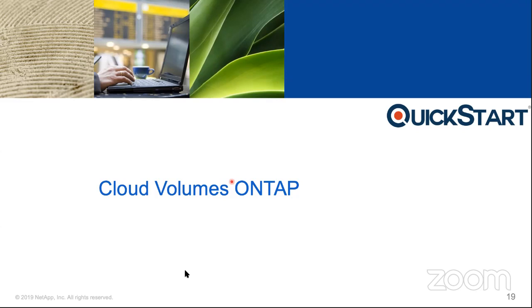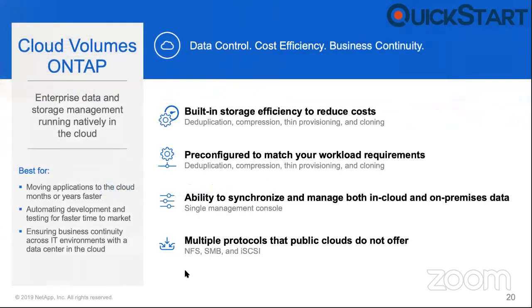You can go ahead and create your volumes, your junctions, your exports, your NFS, your CIFS shares, you can create iSCSI LUNs, you can map those iSCSI LUNs, so you're going to be like home, right? At home at that point.